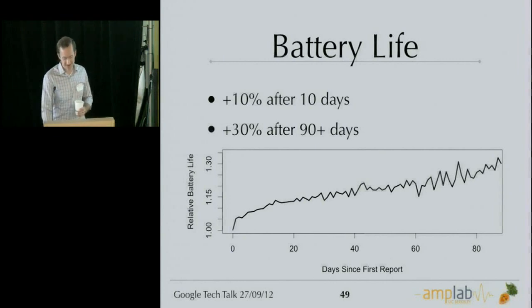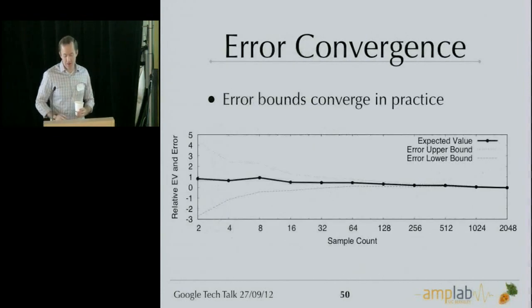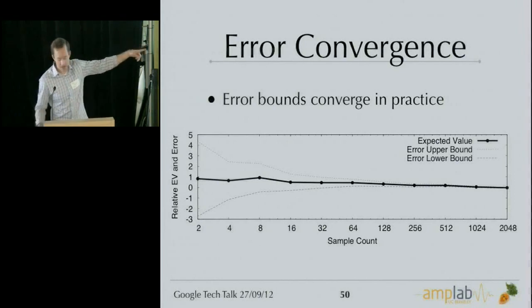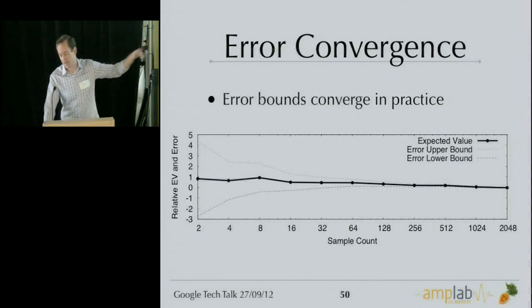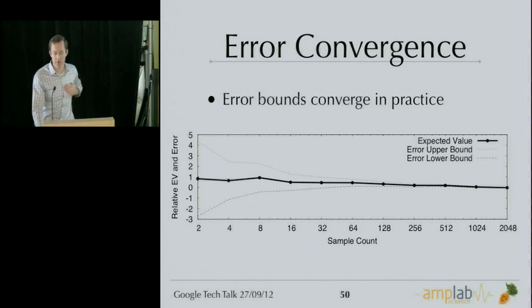You know? So. OK, so one thing I talked about before is this convergence of the error bars, the increase in our confidence as we get more data. And so this is an example of this happening. This is an aggregate of the error bars and the expected value estimates for several hundred of these energy hogs. So on the x-axis, you have the number of samples. And so again, we have like 20 million samples or something. So these are really small numbers that we're looking at here in terms of how many samples.